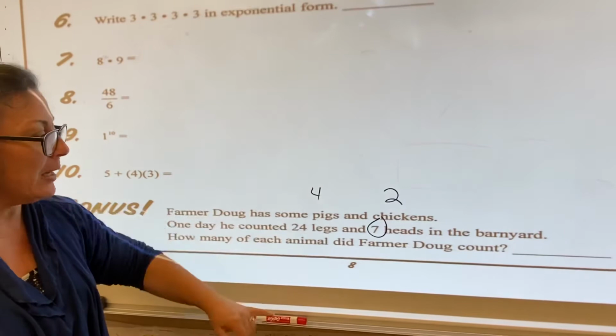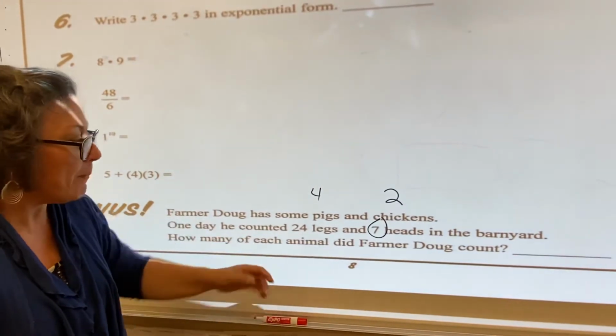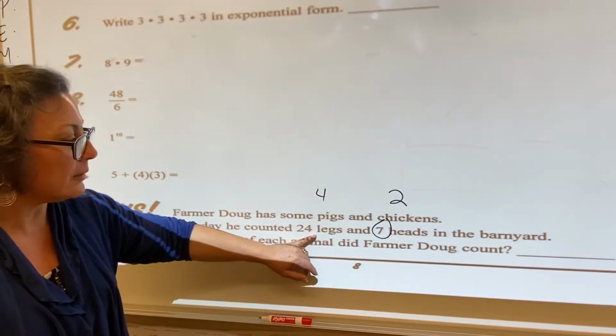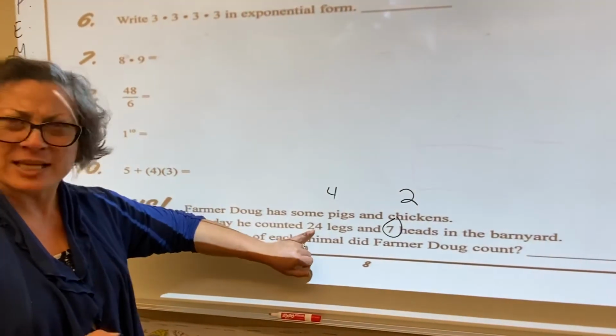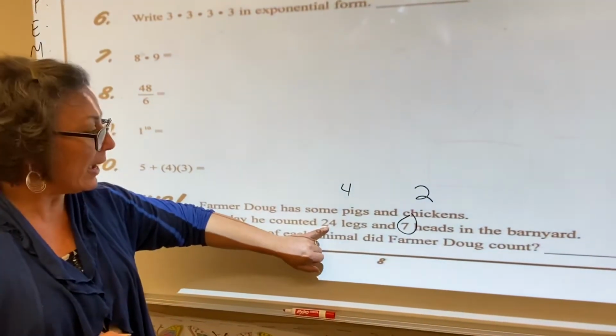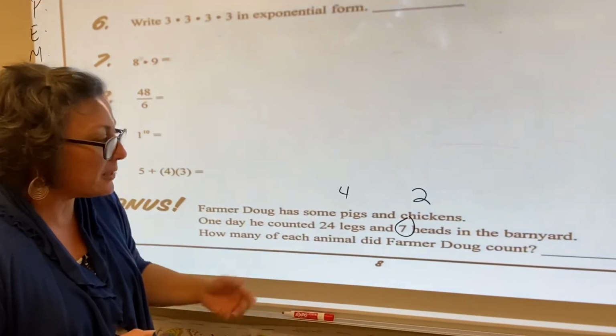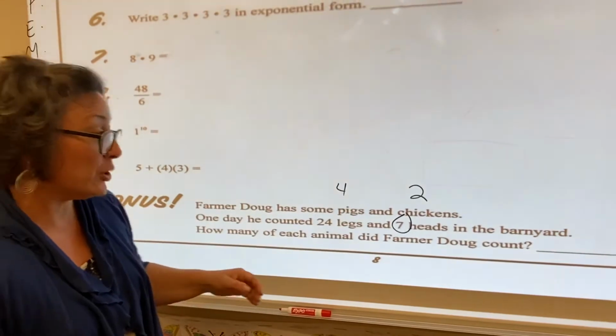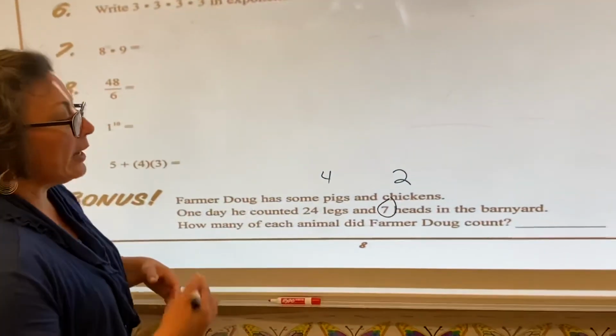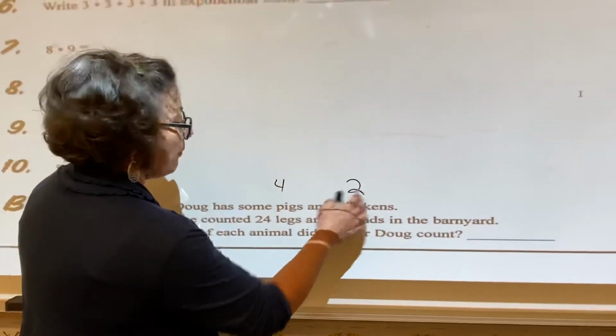So again, how many pigs do we have? Well, we can say that we have 6, but that'll only include pigs. So 4 times 6 will be at least 6 pigs. However, we have chickens too. So remember, we need some of those legs to be part of the chicken.